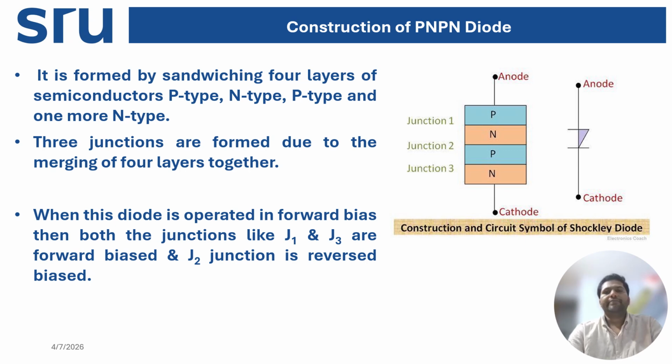This reverse biased junction J2 initially blocks the current flow, keeping the device in the off state. So the key idea is that even though the diode is forward biased externally, the middle junction controls the conduction, which makes the device different from a normal PN diode.